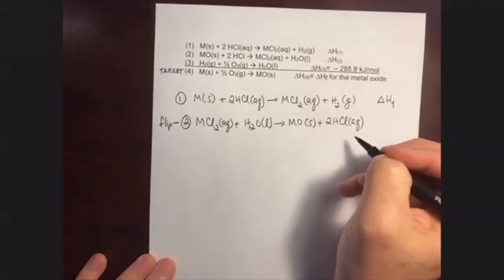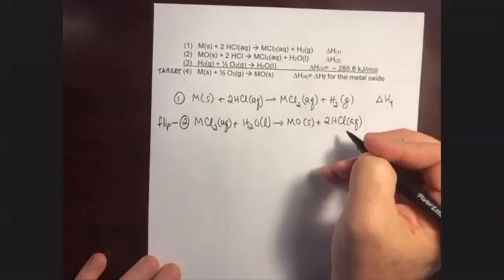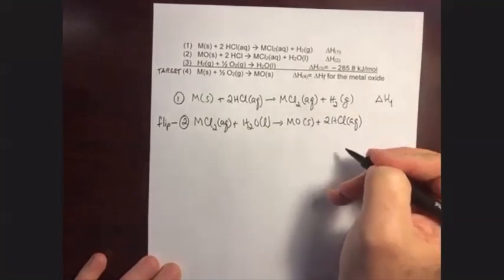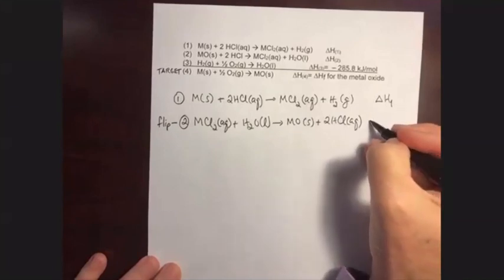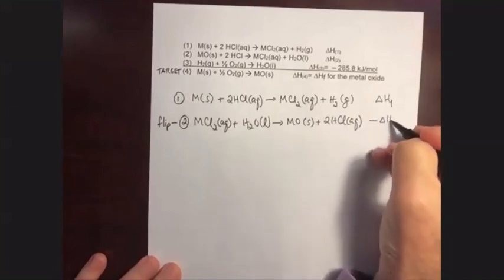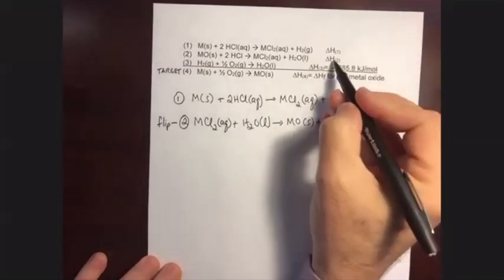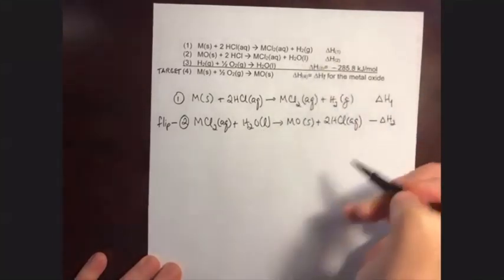As we learned in class, when you flip an equation, you also have to switch the sign on the delta H. So this now becomes minus delta H2. So whatever the enthalpy of this reaction is, we're going to use the negative of it.